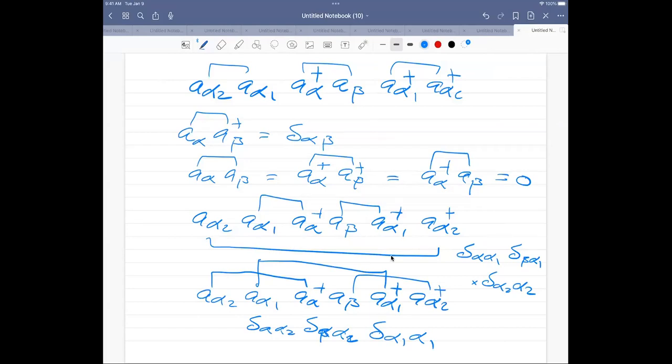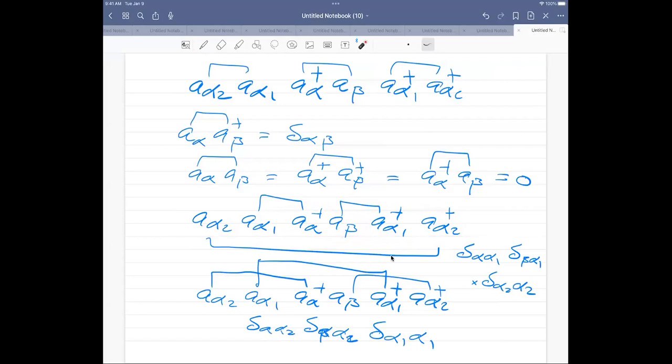Now, what is interesting is that we can write this as a product, or it's actually an expectation value of normal ordered operators. So we have chains of normal ordered operators. If you look at the expression which we have here, this is a chain of normal ordered operators. This is another chain of normal ordered operators. And this would be another chain of normal ordered operators.